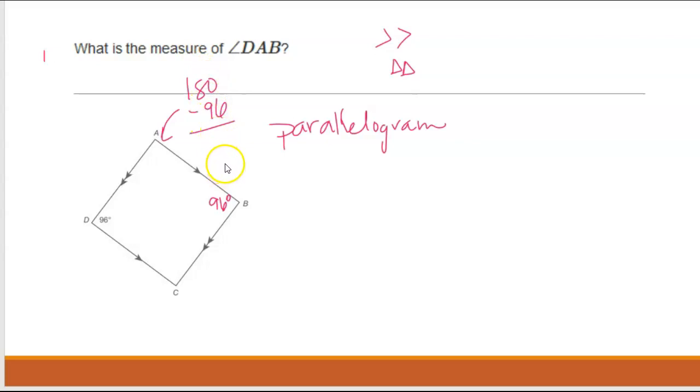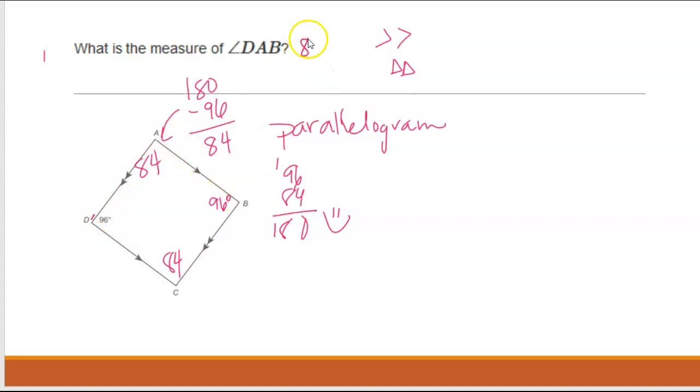And then minus 6 more is 84, right? Let me double check. Yep. So these angles are 84. We got it. DAB is 84 degrees.